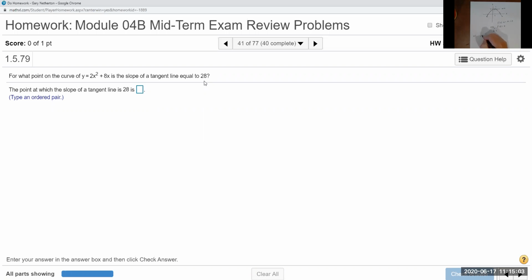So the curve is y equals 2x squared plus 8x. And we're looking for the points where the slope is going to be 28.